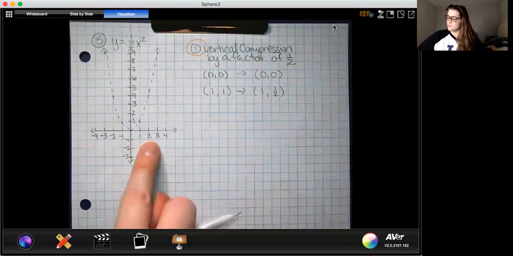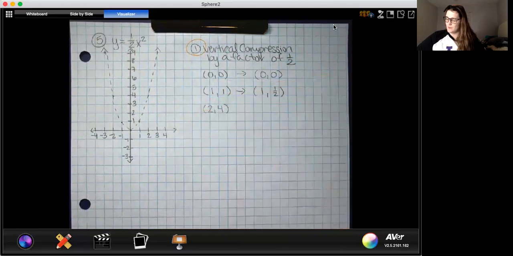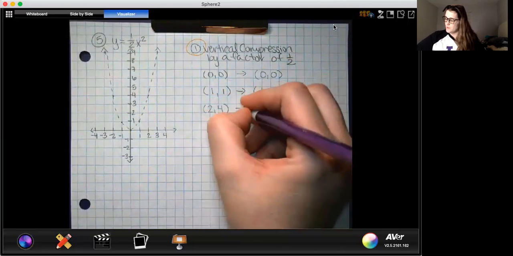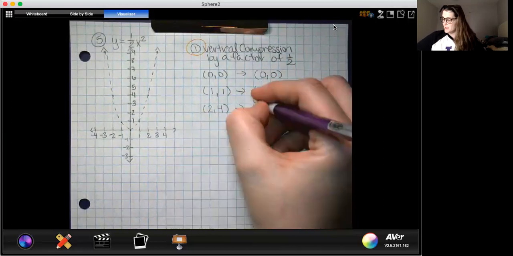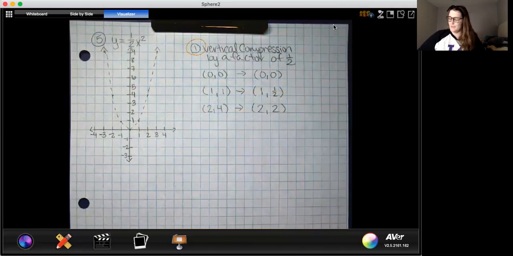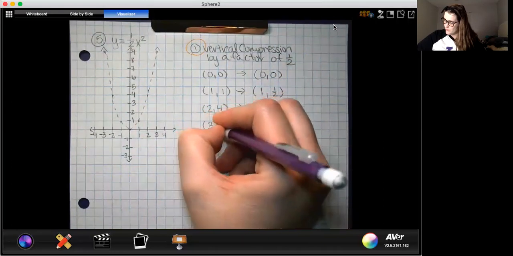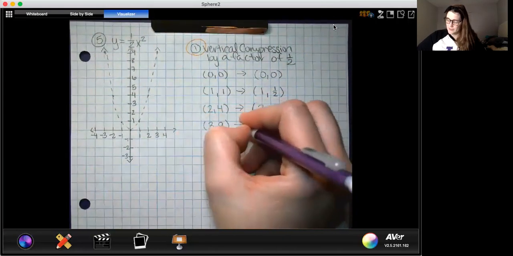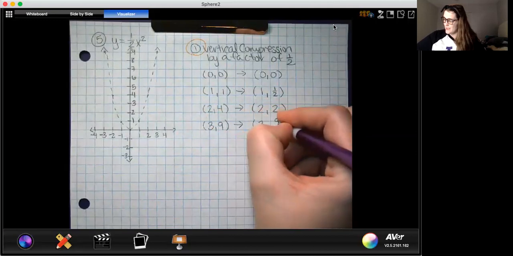Okay, how about 2? 2 is at 2, 4. So 2, 4, our y value compressed by a half, will now be 2, 2. And then last but not least, our 3, 9 will be compressed, and will now be 3 and 9/2.